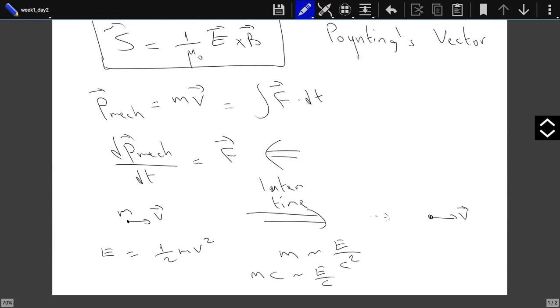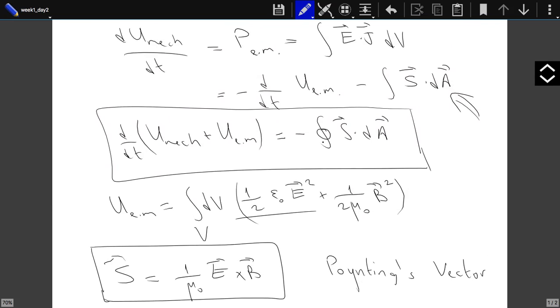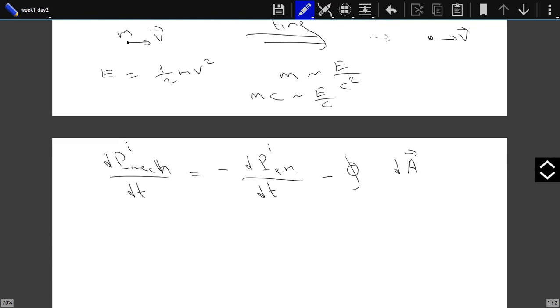Well, this is a closed area. For each component, for the x component, the y component, the z component, there should be a vector over there. So T_i is a vector for i equal to x, y, or z.